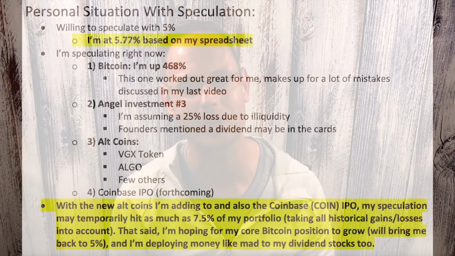Church and Dwight, not a solid value, but it's okay. The reason I'm doing that is I need my base to just keep growing. And when I see value in a dividend stock, I'm always going to go for that. And so I'm doing that because the bigger my base is, that small percentage for speculation, it'll rationalize in my mind. It'll make the model work out. It'll get me as close as possible to my 5%. Let's keep going. Check it out on the screen right now.